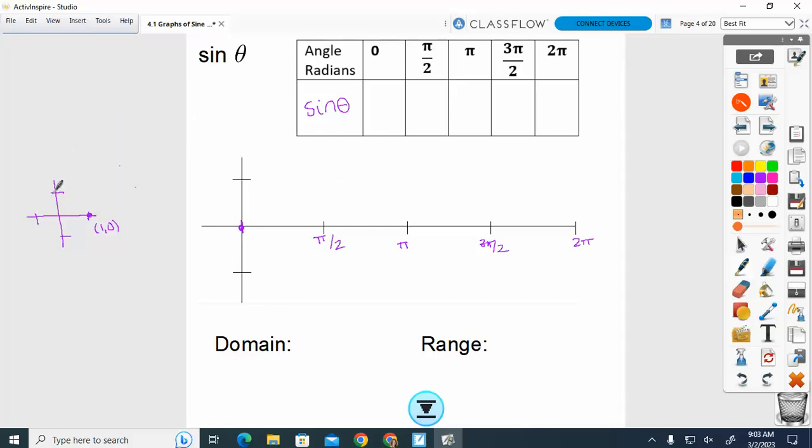At pi over 2, the point on the circle was 0, 1. So, what's the value of sine of pi over 2? What's sine here? 1. So at pi over 2, we're at 1.